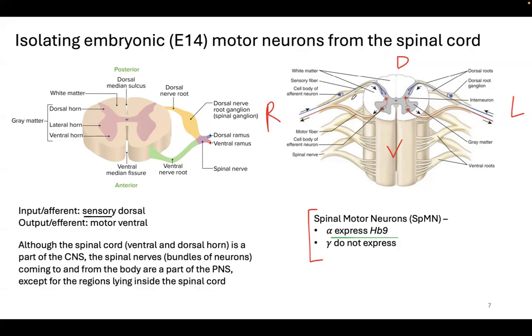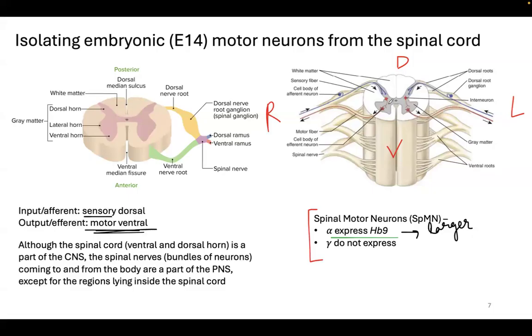It's telling you, okay, move away, move this side, and so on. So that's a motor neuron function. So the output, which is from the ventral side, that's the motor neuron. And then, if I remember correctly, the alpha subtype is larger than the gamma subtype.